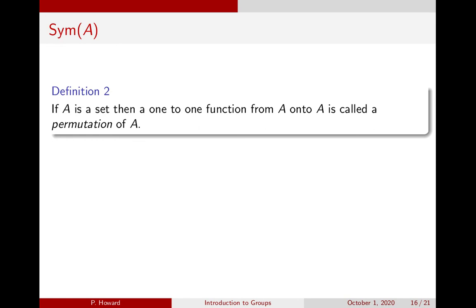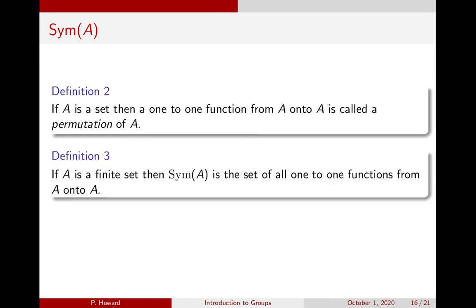If you take any set, then a one-to-one function from A onto A, requiring both one-to-one and onto, is called a permutation of A. And if A is a finite set, then sim of A is shorthand for the set of all one-to-one functions from A onto A. Actually, this is also used for infinite sets, but we'll be dealing mainly with finite sets in this course.